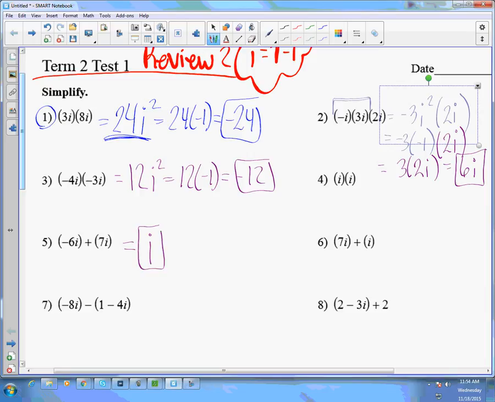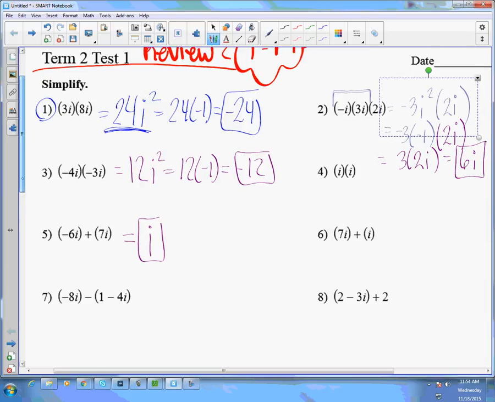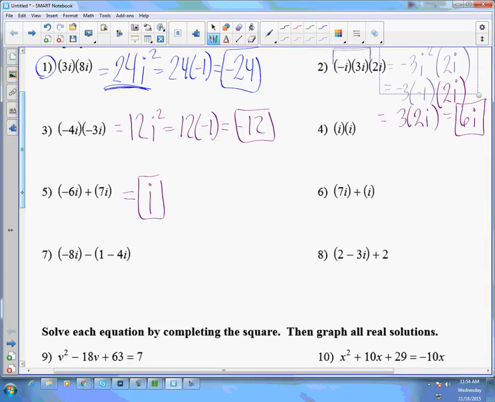The -6 ice creams plus 7 ice creams would be 1 ice cream, or 1i. So we don't need the calculator right now. Let's put them down. Your answers for 4 and 6 should be done in like 2 seconds. 7i plus i, that's your answer.